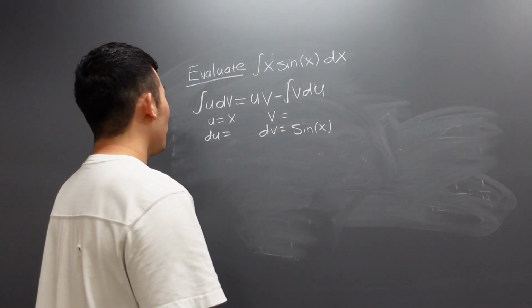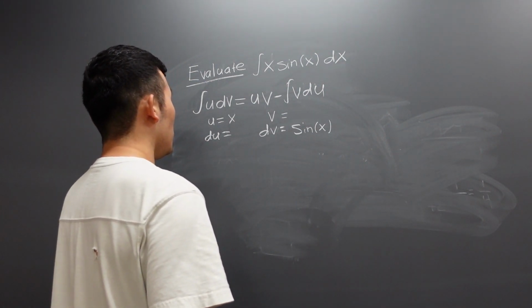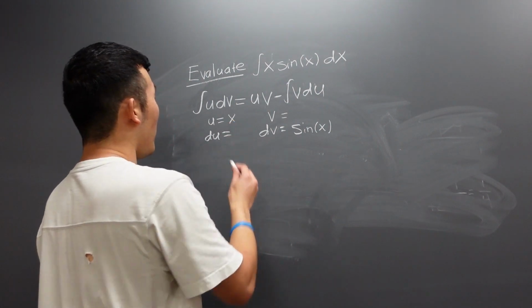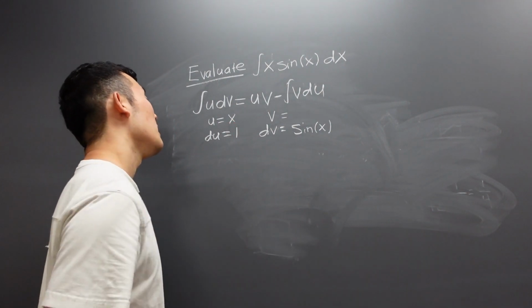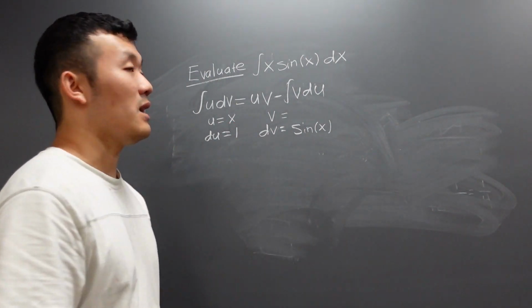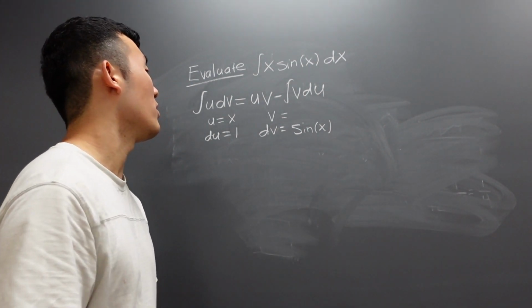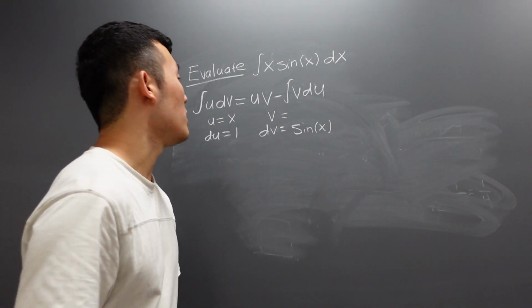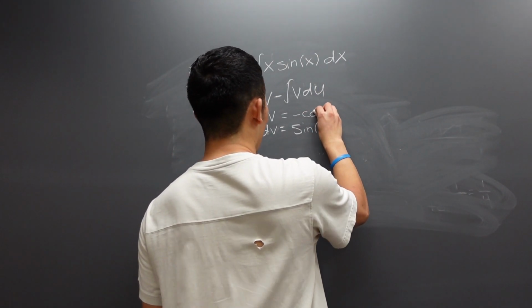From here, we're trying to figure out what du is. In this case, the derivative of x would be 1, and we're trying to find what v is. In this case, it would be the antiderivative of sine of x, which is negative cosine of x.